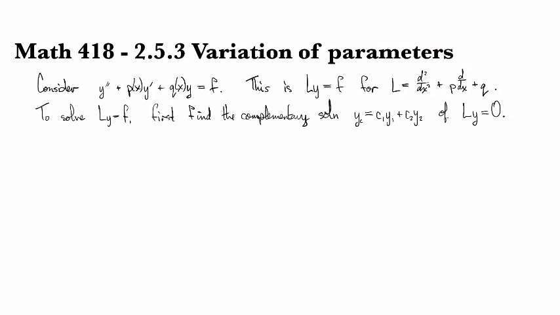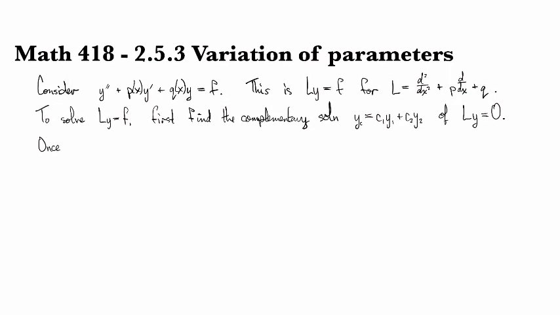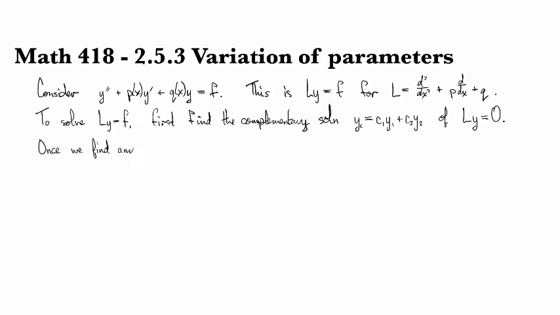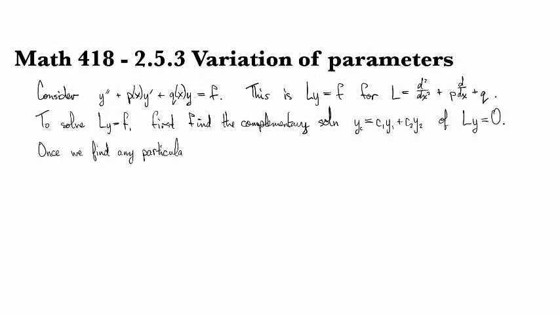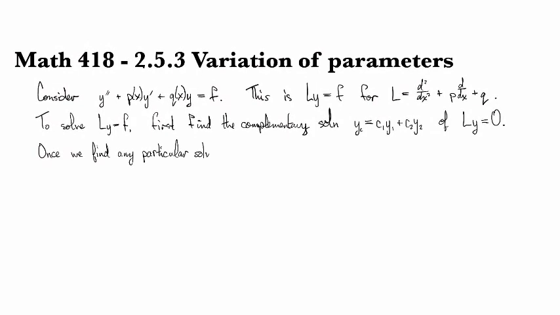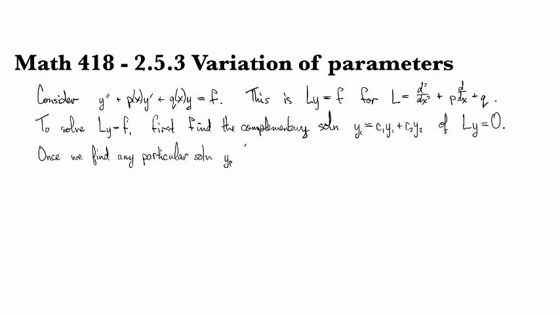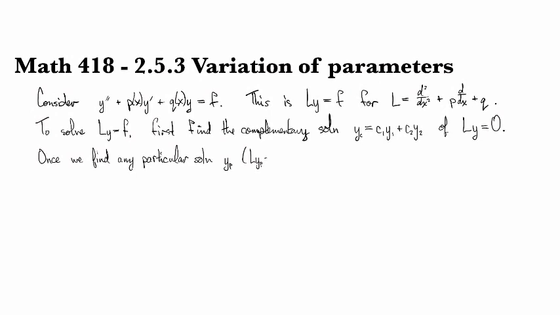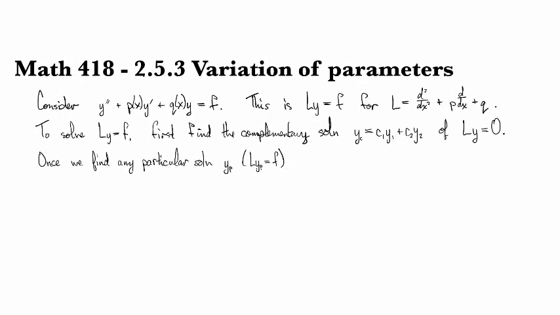Okay, so now if we go further and we find any particular solution, so a particular solution is a yp, and in other words it needs to satisfy Lyp equals F, the original non-homogeneous one.